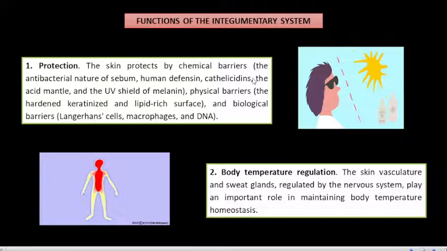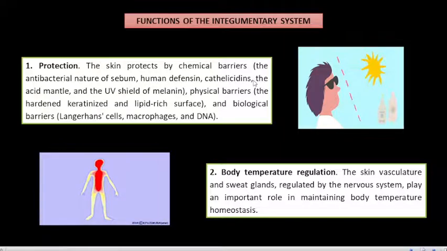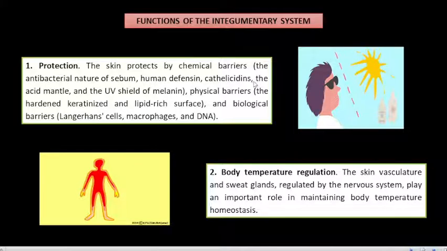So, how do they do that? They modulate the host immune response. So, they are the ones controlling how our immune system will respond in a certain infection. Okay? And your cathelicidins also promote wound healing. So, para rin sila sa wound healing.